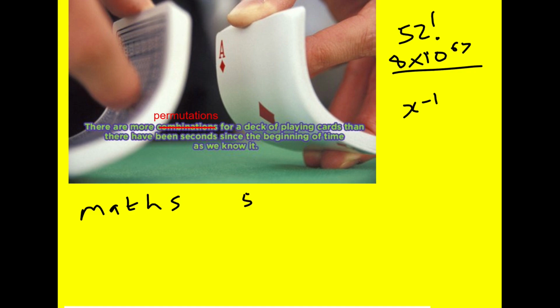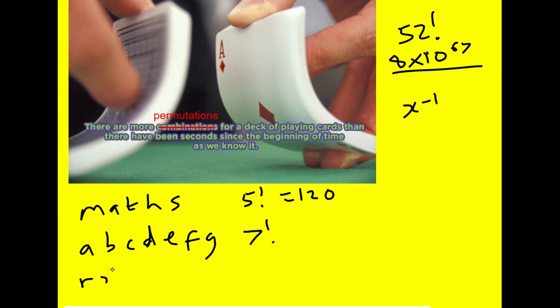Well, it would be 5 factorial, which is actually 120, but I just leave it as 5 factorial maybe. And then what about if I have A, B, C, D, E, F, G? How many different ways of arranging that? Well, that's going to be 7 factorial.